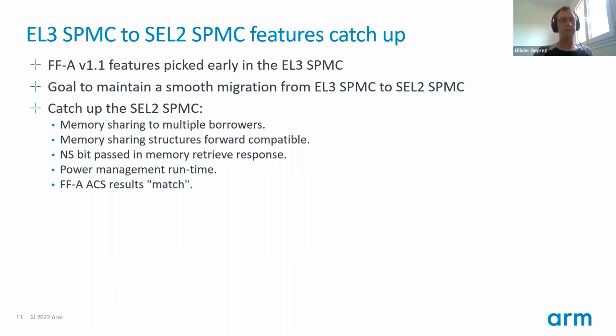What happened is that there are a number of features in the EL3 SPMC originating from the FFA 1.1 spec that were picked early and are not necessarily present in the SEL2 SPMC. The intent is to maintain a smooth migration when it happens from the EL3 SPMC to the SEL2 SPMC for an SEL1 partition or SEL0 partition.